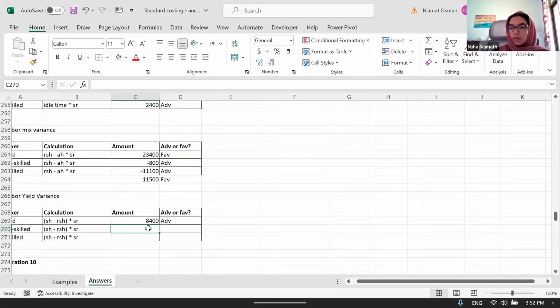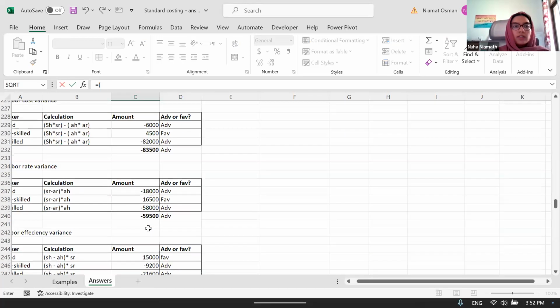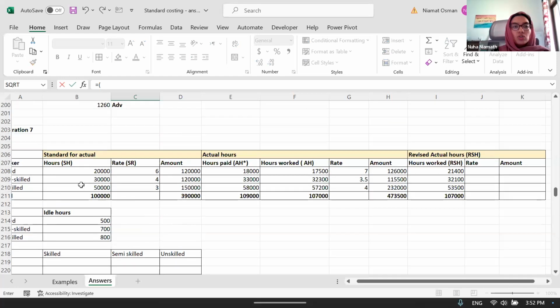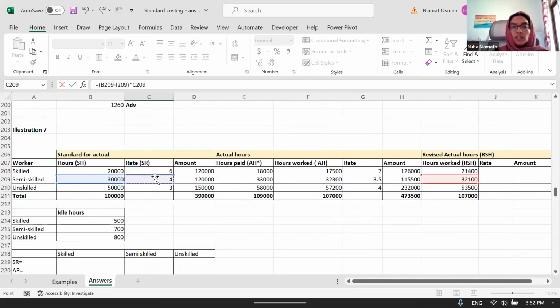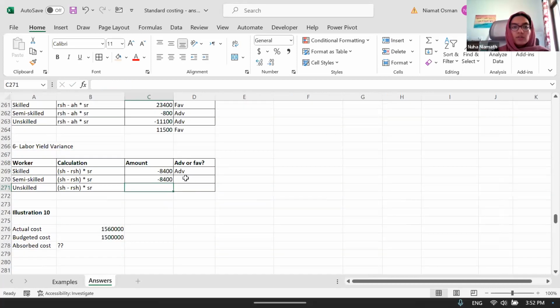How about semi-skilled? Let's look at that. 30,000 is what we should have used. What did we end up using? Again, we did more. That's not a good situation. It is adverse. This is again adverse for us. And the last one is for unskilled.